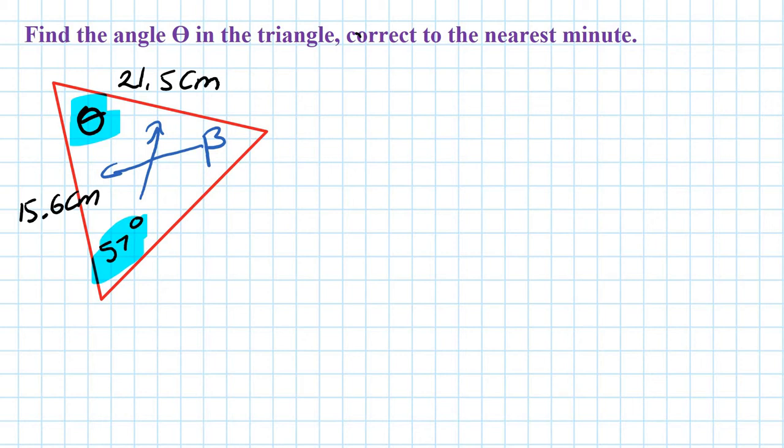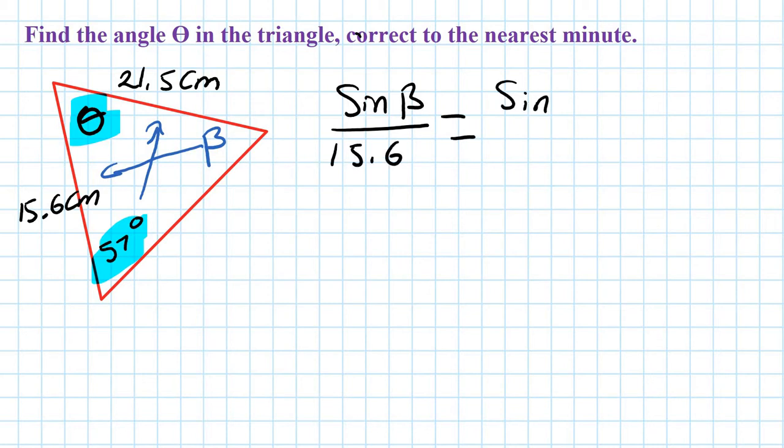So now I'm going to write it down. You go sine beta over 15.6 is the same as sine of 57 degrees over 21.5.